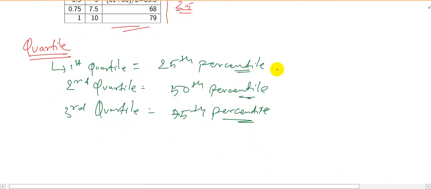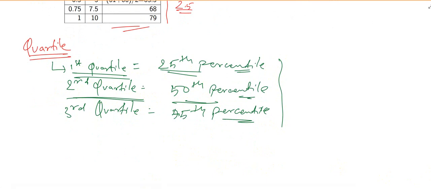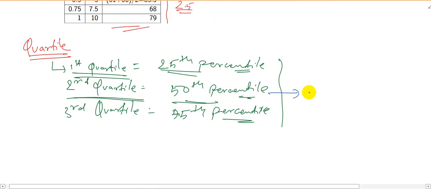So this was the main thing which we have to study using percentile. What are quartiles? First quartile is the 25th percentile, second quartile is the 50th percentile, and we know it by its nickname, which is median. Median is the second quartile. Third quartile is the 75th percentile, right?